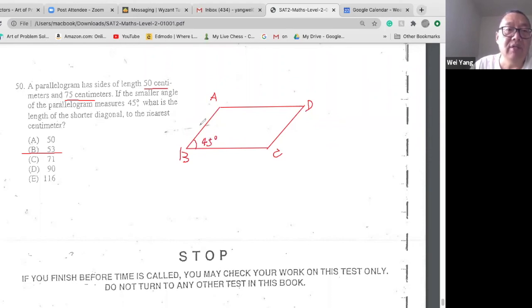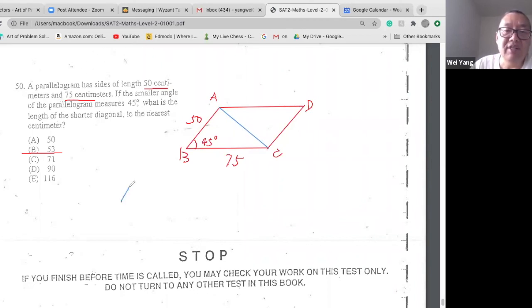Then one side equals 50. Suppose this one's 50, this 75. Then they ask you what is the shorter diagonal. So the shorter diagonal would be AC, this one. They ask you this.